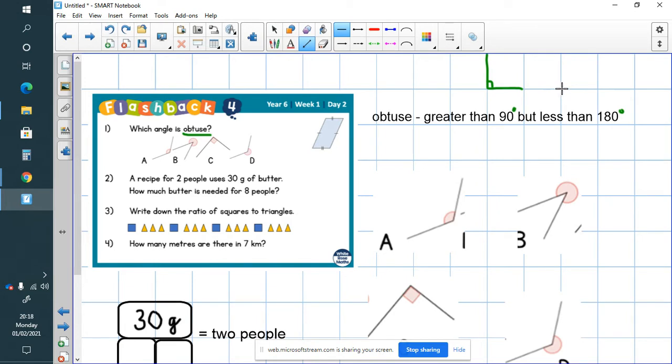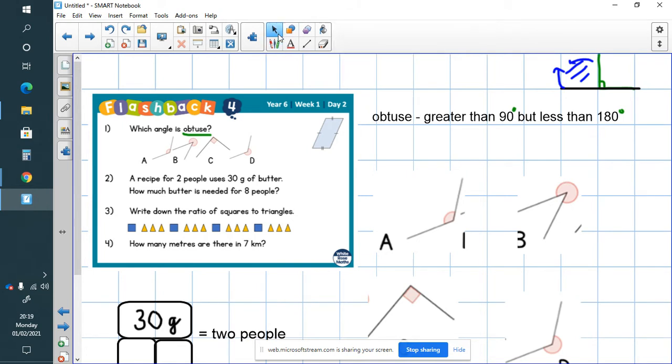Let's try again. That's better. So our angle needs to be greater than 90 degrees, but less than 180. So therefore, it needs to be in this area here.